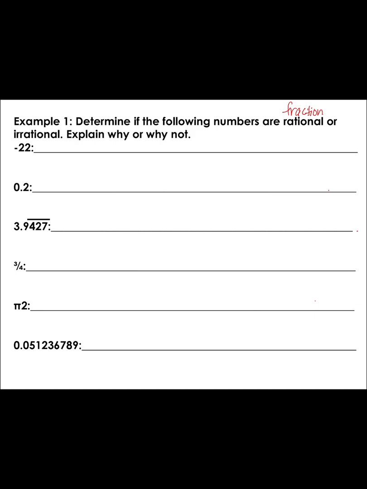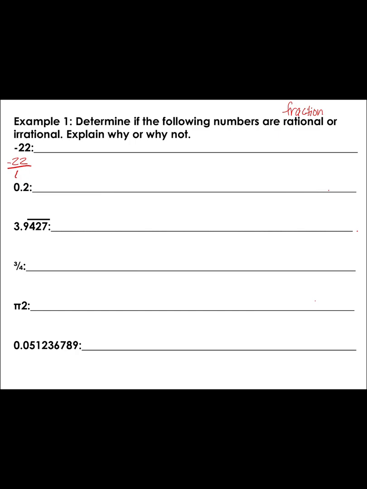So we have negative 22. So we know negative 22 is a whole number. And in your notes, we got done saying that we could put any whole number over 1 and it will be a fraction. So if it's a fraction, it's a rational number.